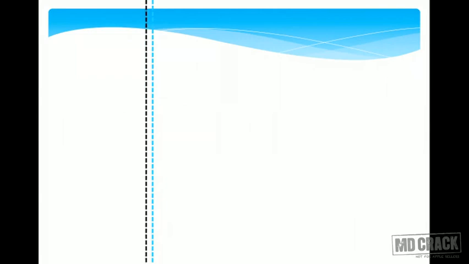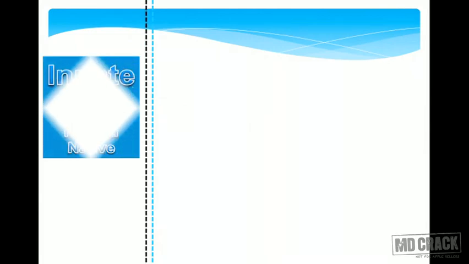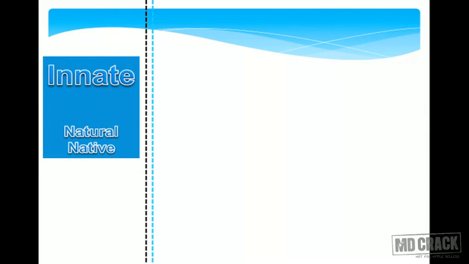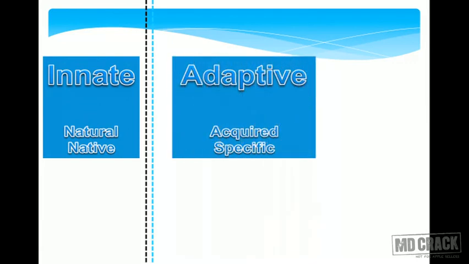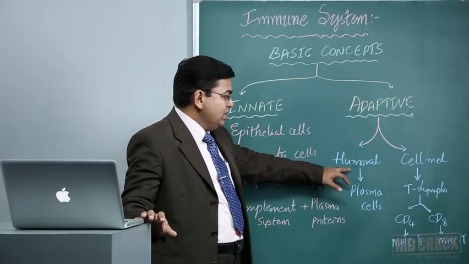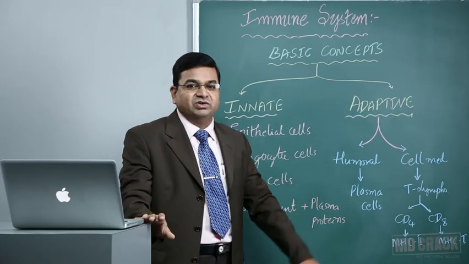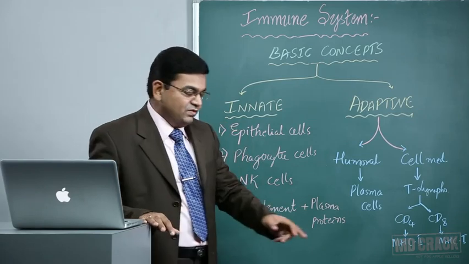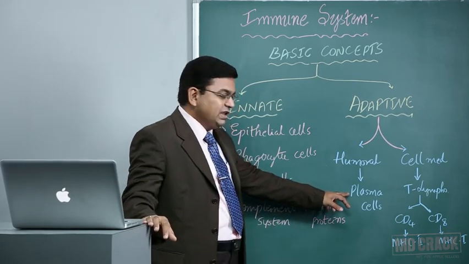So we classify the immune system into two things. One is innate immunity, also known as native or natural immunity. The other is adaptive immunity, also known as acquired or specific immunity, which is of two types, humoral and cell-mediated. Humoral immunity is mainly mediated by B lymphocytes, which convert into plasma cells. So what is a plasma cell?